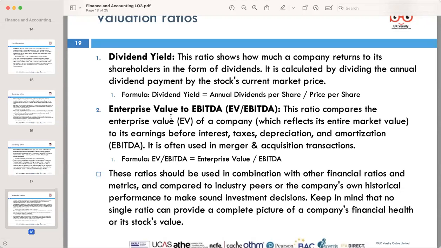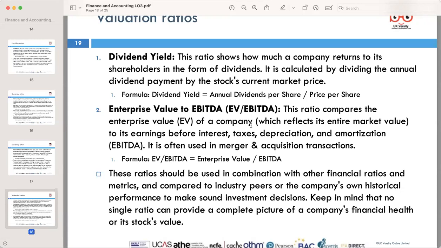Enterprise value to EBITDA. This ratio compares the enterprise value of a company, which reflects its entire market value, to its earnings before interest, tax, depreciation, and amortization. The ratio is commonly used in merger and acquisition transactions.